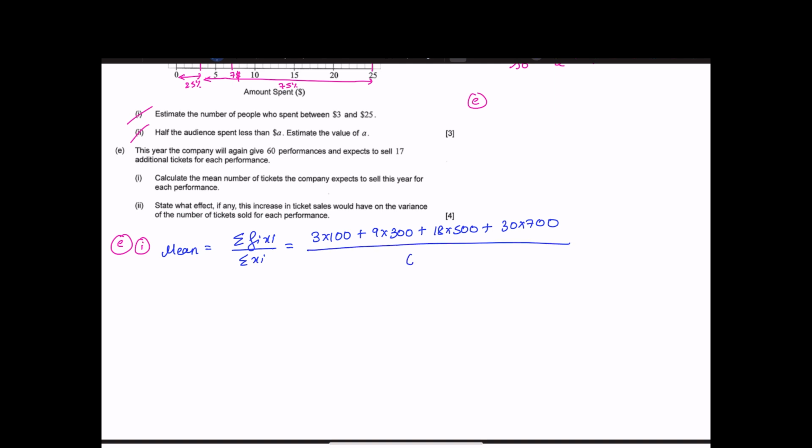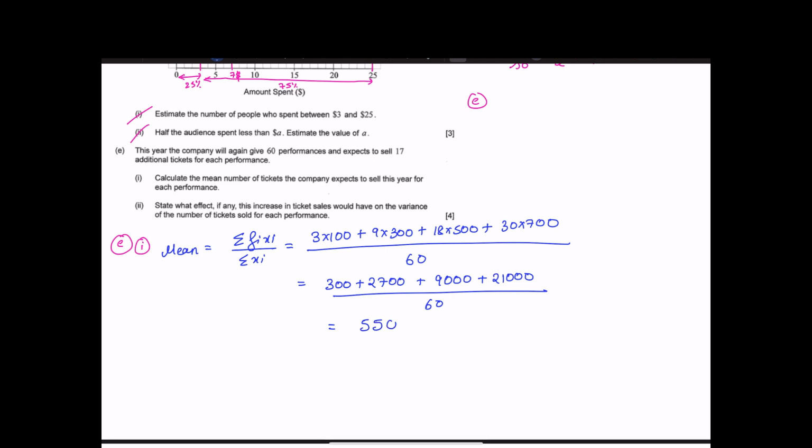We already know there will be a total of 60 performances. So 300 plus 2700 plus 18 times 500, which is 9,000, and this will be 21,000. So 21,000 plus 9,000 is 30,000, plus 2700 plus 300, 33,000 divided by 60, which gives you 550.